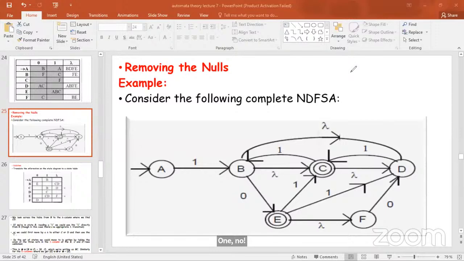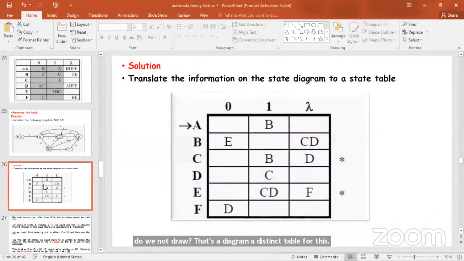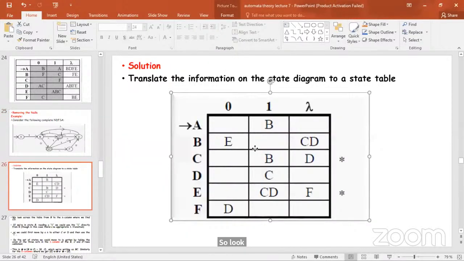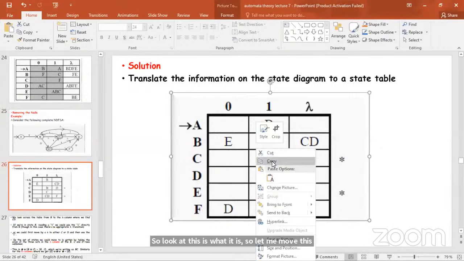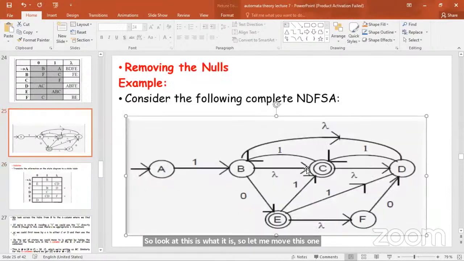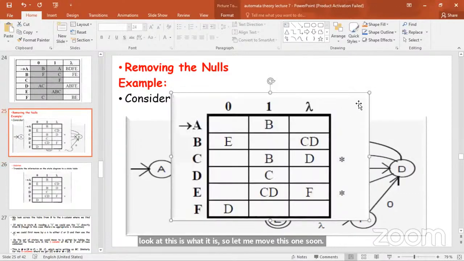So the next thing we want to look at is, okay, how do we now draw the diagram and the state table for this? So look at, this is what it is. So let me move this one to the previous display so we can look at it together.